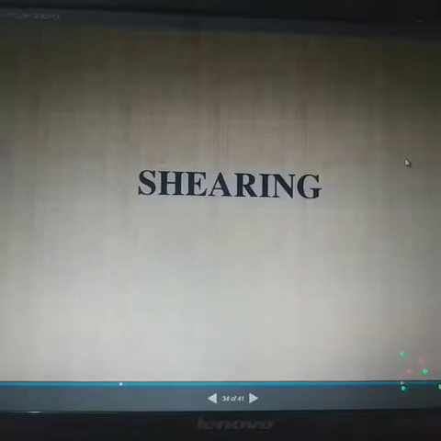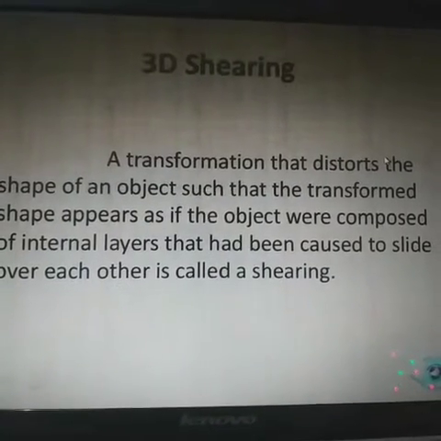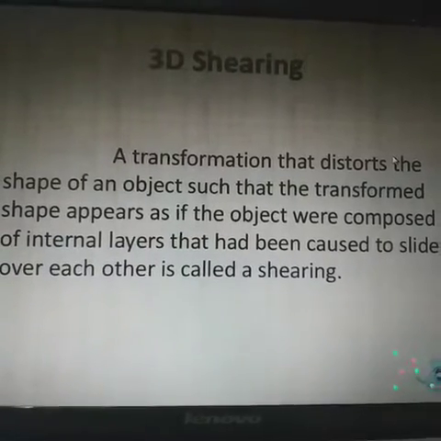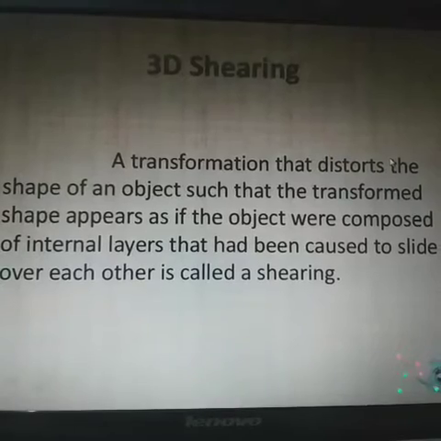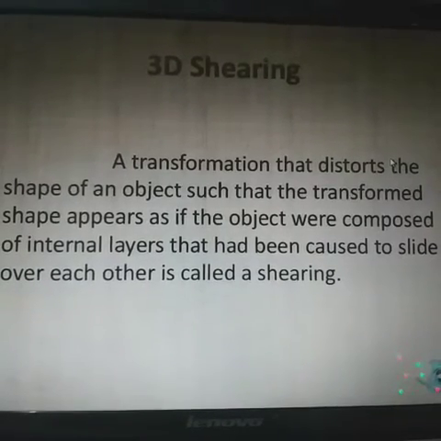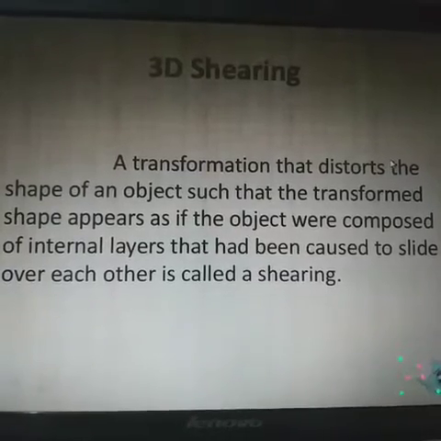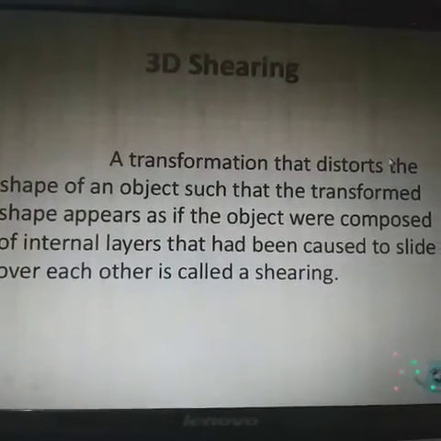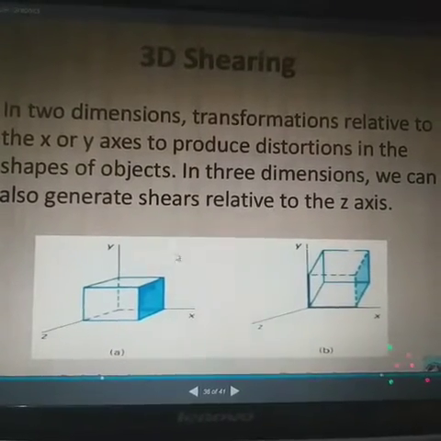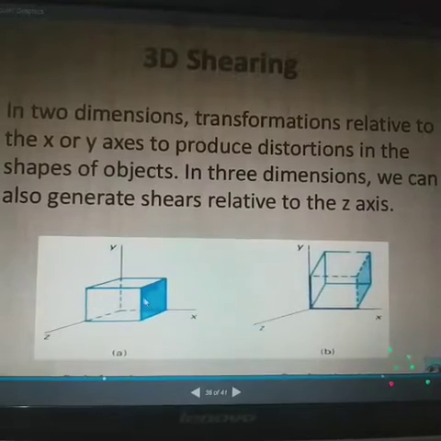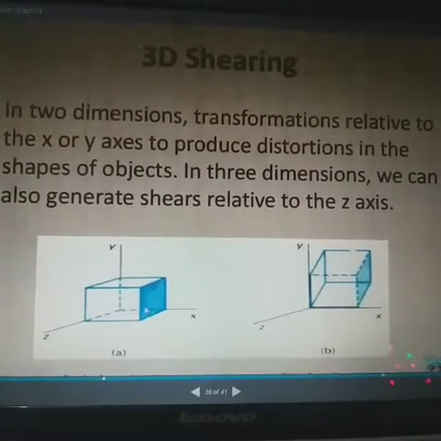So next is the shearing. Shearing is a transformation that distorts the shape of an object such that the transformed shape appears as if the object were composed of internal layers that have been caused to slide over each other. This transformation is relative to the x and y axis to produce a distortion in the shape of an object.